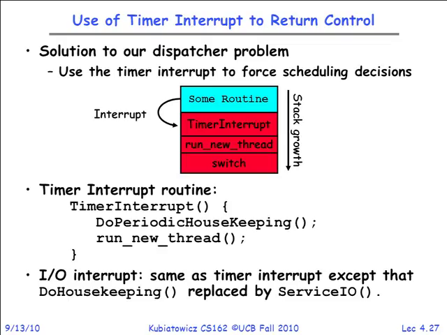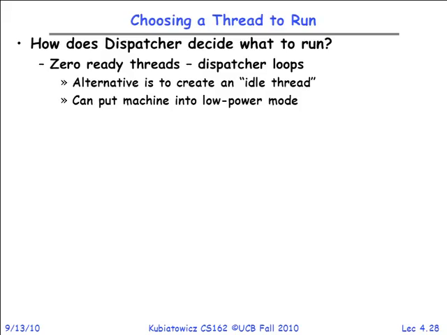Now, how do we choose which thread to run? We've been kind of ignoring that. So how does the dispatcher pick another thread? Well, there's a case, for instance, where there are no threads on the ready queue. In that case, nothing happens. Nothing to run. Or if it's some operating system that has an idle thread, then that runs.